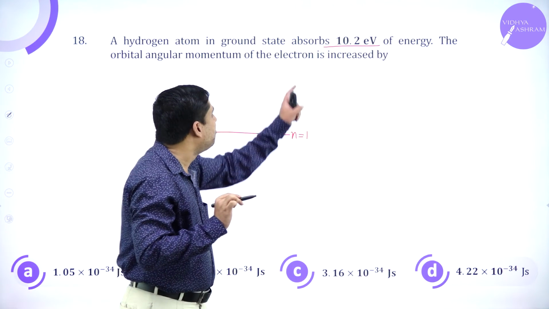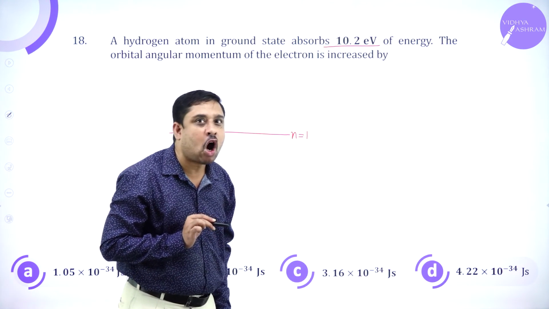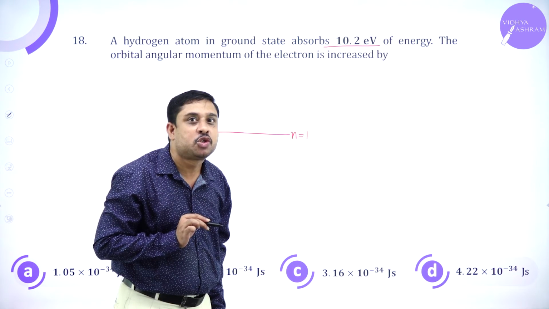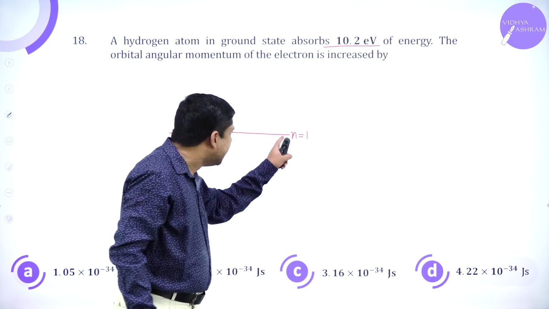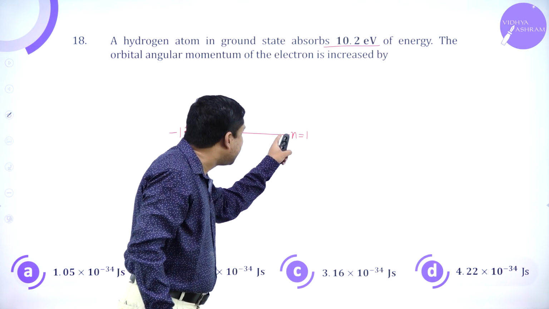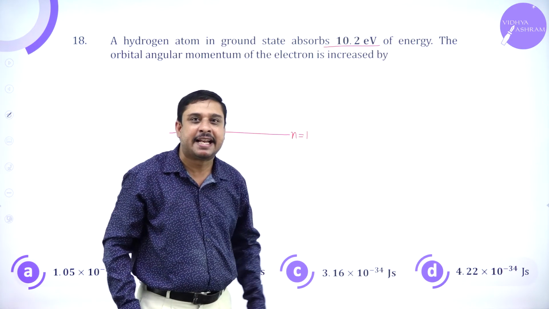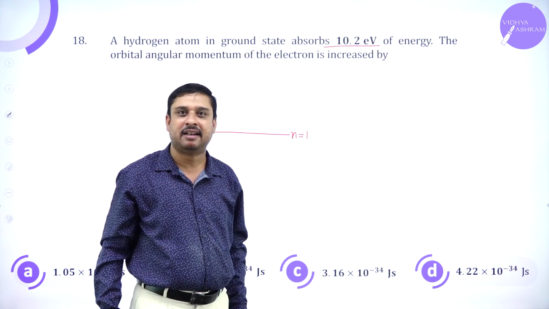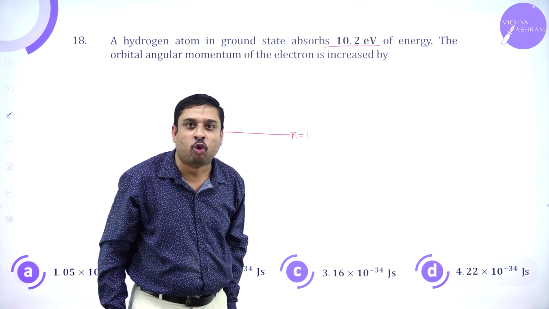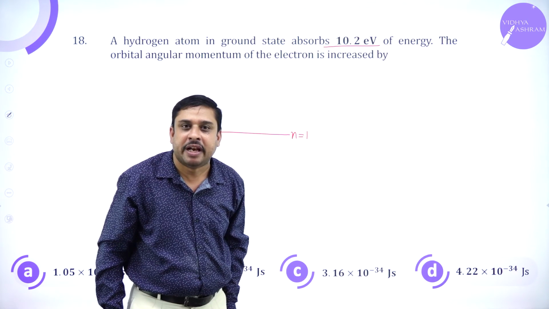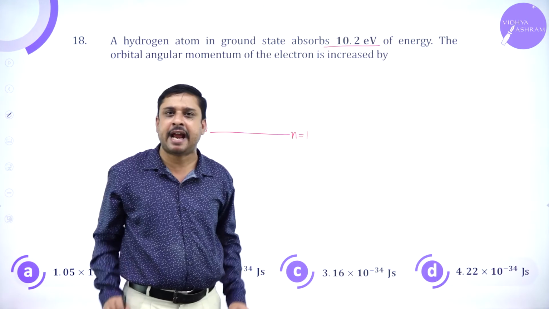Now I assume it absorbs 10.2 electron volts of energy. This electron, which is in the ground state, is absorbing 10.2 electron volts of energy and jumps to which state?